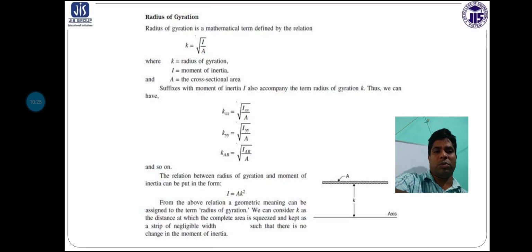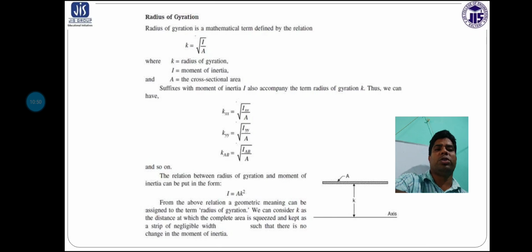So kxx is equal to root of Ixx by A, kyy is equal to root of Iyy by A, and kAB is equal to root of IAB by A. The relationship can also be written in the form I is equal to A k square.